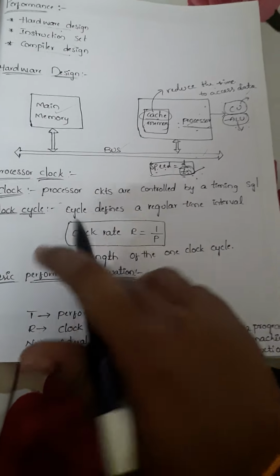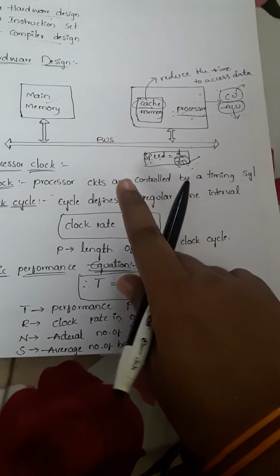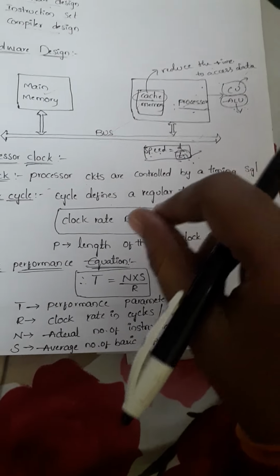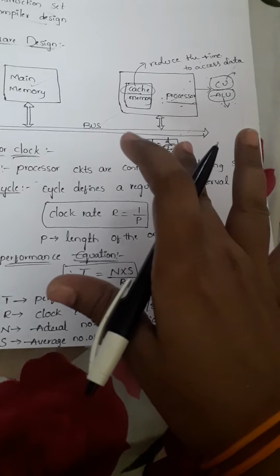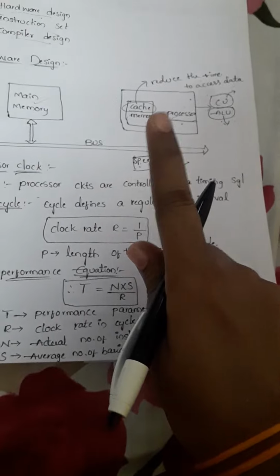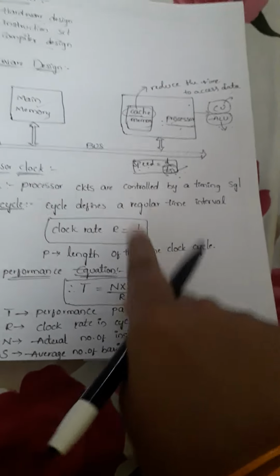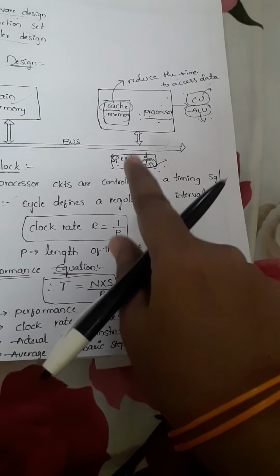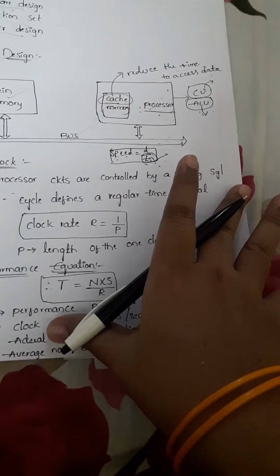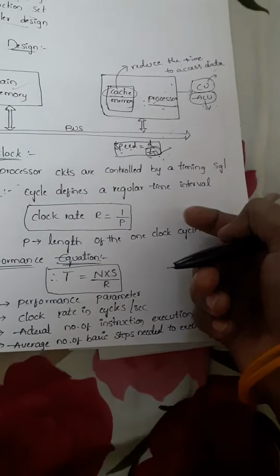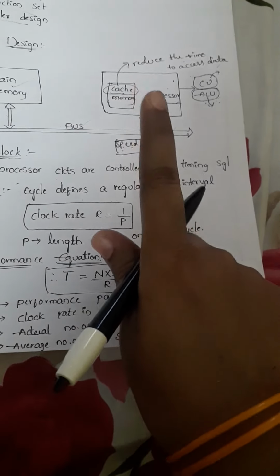Here we are finding the clock rate, so how much time we are using, we will find based on the clock rate. The instruction will be divided into basic steps, and each basic step has one clock cycle for execution.